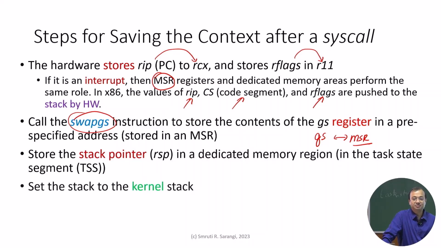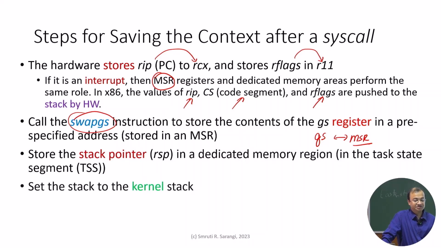Previously, it was used a lot. Nowadays, it is not used that much, but still, it is used for some things. The most important thing is the stack pointer. Because before loading the kernel stack, you'll have to store the existing stack pointer somewhere.